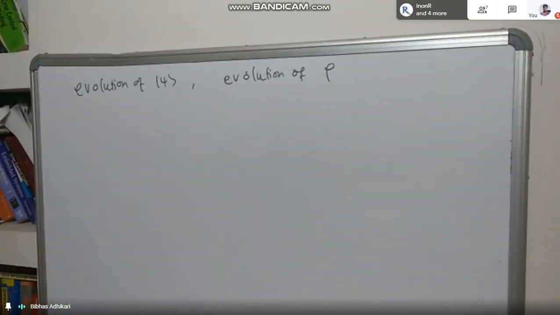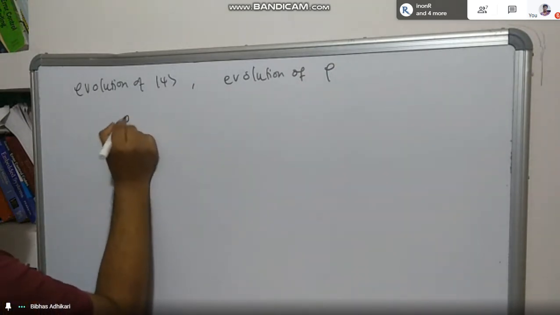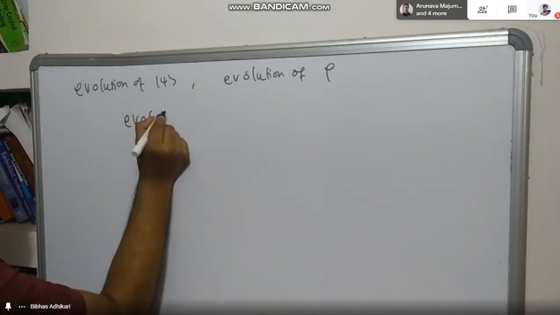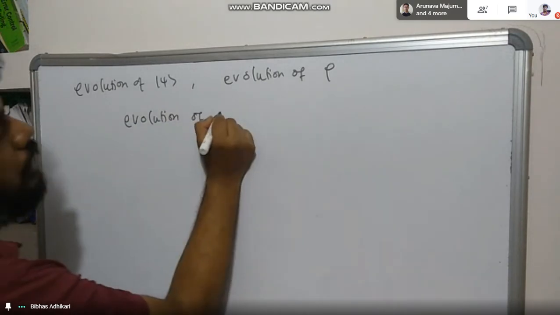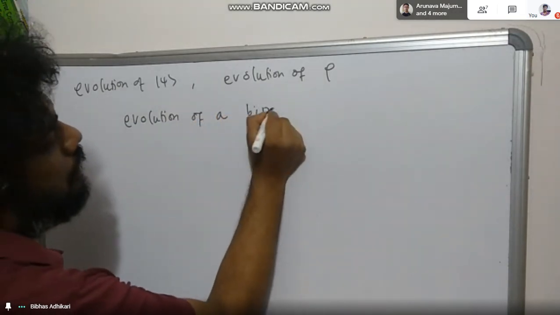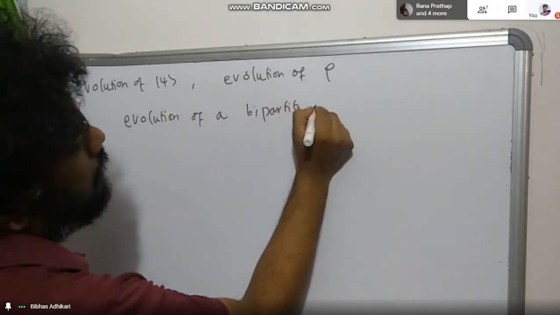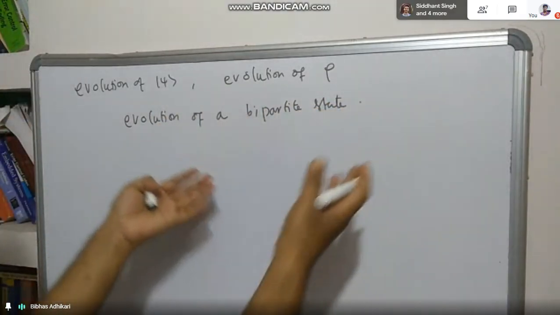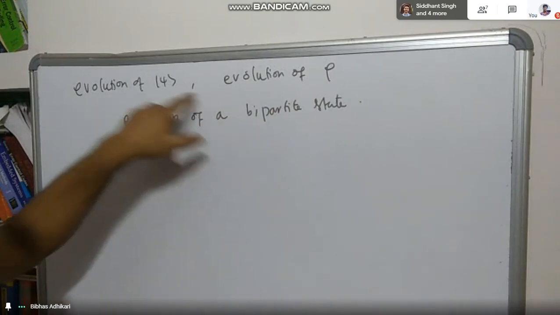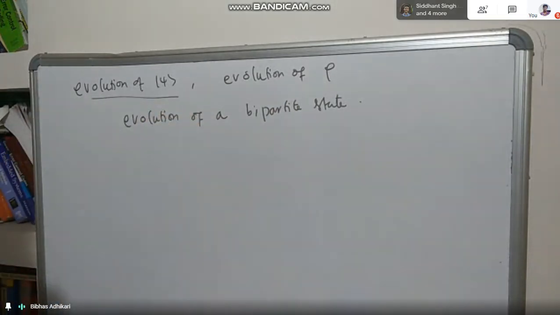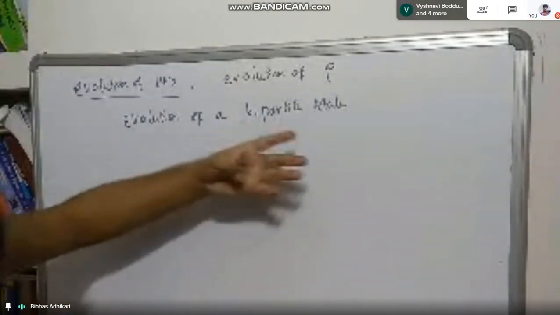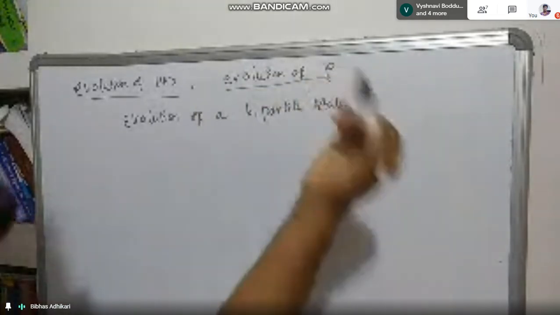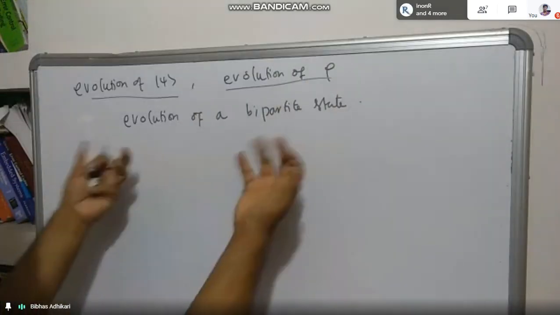But we did not discuss evolution of a bipartite state. It will be similar, because whenever I say bipartite state, if it is pure, then it will follow this one. That's it. If it is a density matrix, if it is mixed, then it will follow this definition. So this already we discussed.